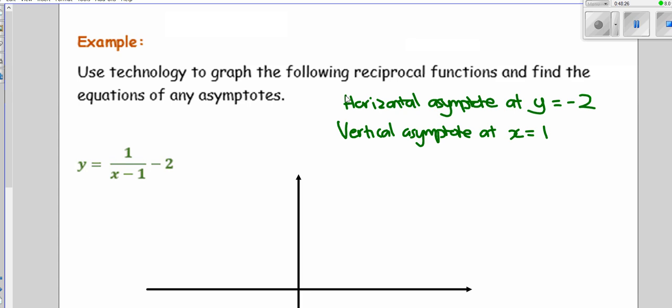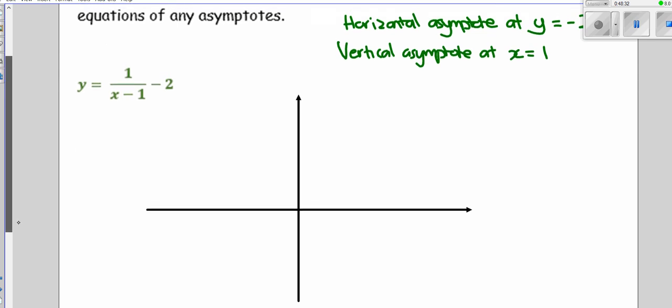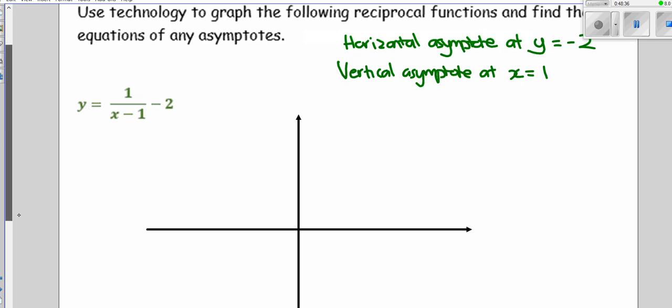That's going to help. Maybe do it on technology now and have a little look. So we're guessing there's going to be a horizontal asymptote at y equals negative 2. Maybe I'll just put in a few little scales.